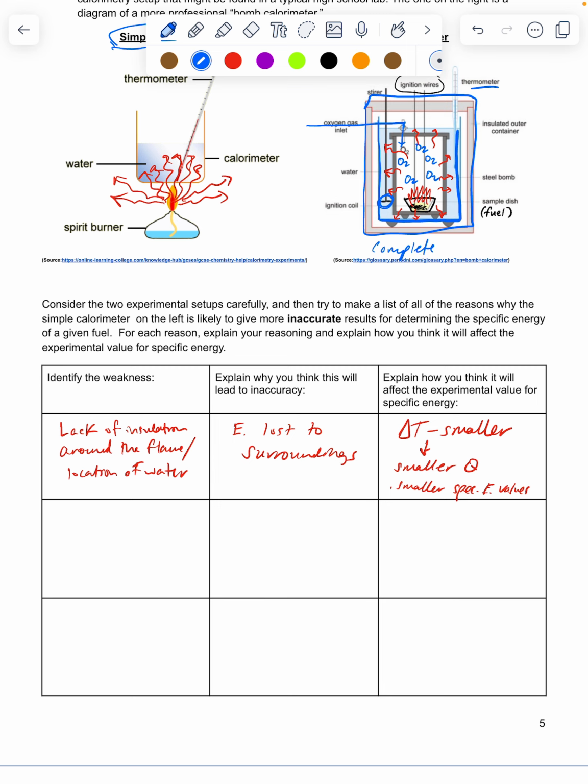Complete combustion involves forming carbon dioxide and water, which means we're making as many bonds as possible to oxygen, and so we are releasing as much energy as possible. Over in the setup on the right, even though there's plenty of oxygen in the room, that oxygen is not fully mixed in with the fuel at the point of combustion, and therefore there's a certain amount of incomplete combustion that's going to take place.